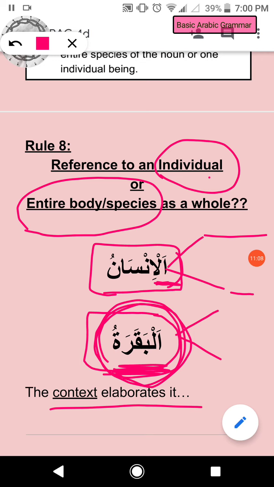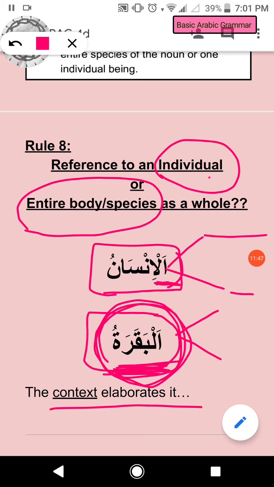But over here, if I'm saying al insanu, it could either mean one special human being or all of humanity. As we know from Surah Al-Asr, Allah says, Innal insana lafi khusrin. Indeed, the entire mankind, the entire human race, is in loss. How do I know that it's the entire human race? Because of the context of that surah. That's what's telling me what this al insana means.